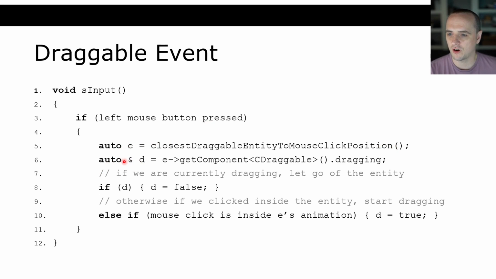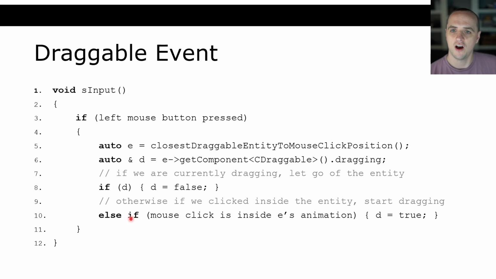And then you're going to have a little Boolean reference here: I'm going to get the draggable component of that closest entity and get its dragging variable, which is whether or not it's currently being dragged. So if it's true, whenever I click the left mouse button, that means it's currently being dragged, so I'm moving it around. So I'm going to click false and turn off the current dragging.